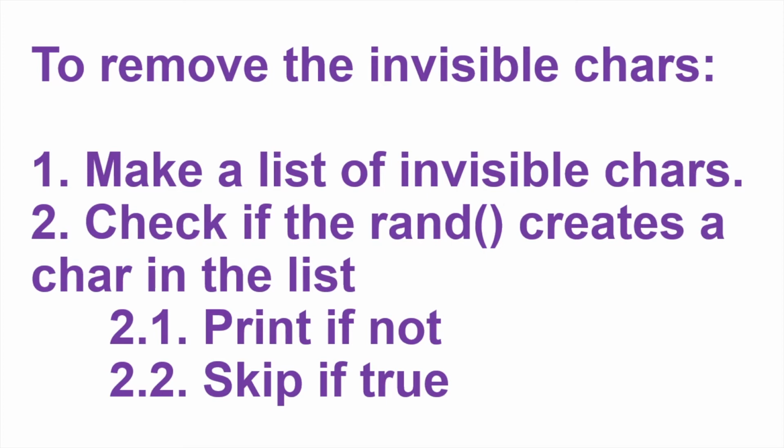Then every time we have the number created by the rand function, we check if that character is in that list or not. If it's not in that list, we print it out. Otherwise, we skip.